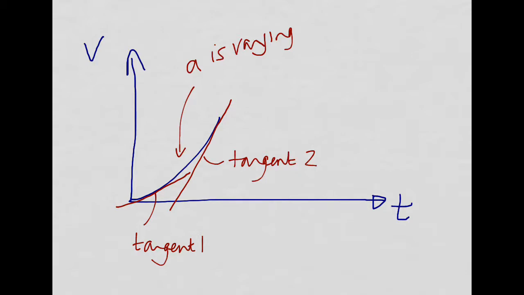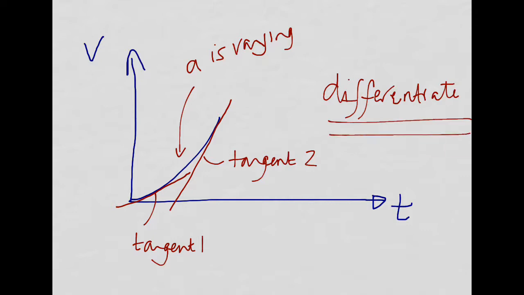But how do we find acceleration when it's a curve? We need to find the gradient of a curve. And this pulls back on our core skills, and we all know how to find the gradient of a curve now. And we know the key thing we now need to remember is how to differentiate. So we need your differentiation skills to actually tackle this area of maths.